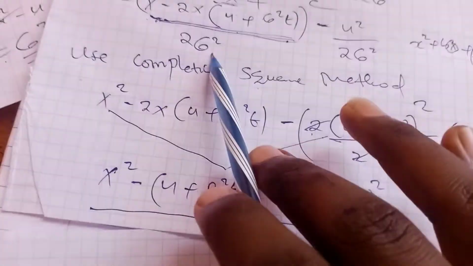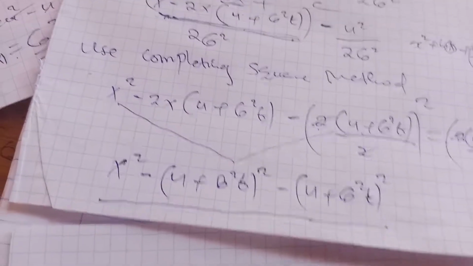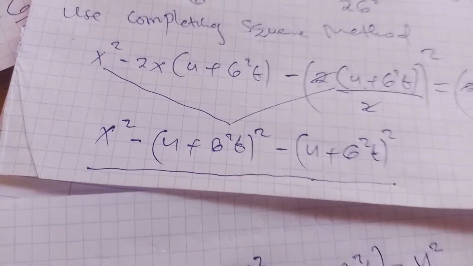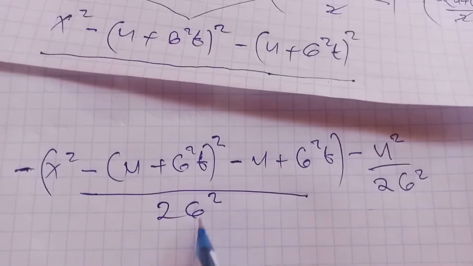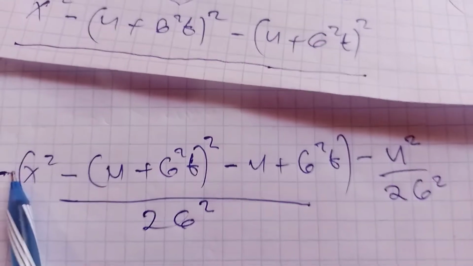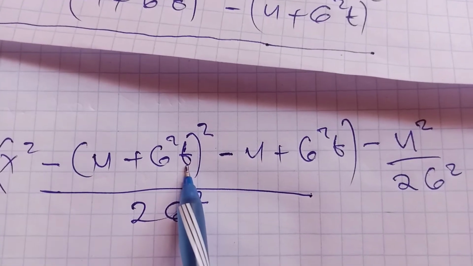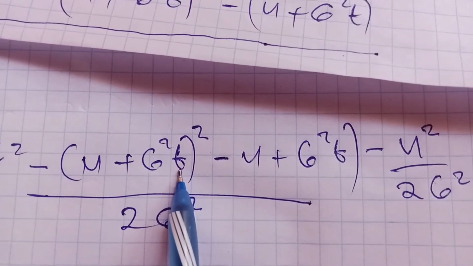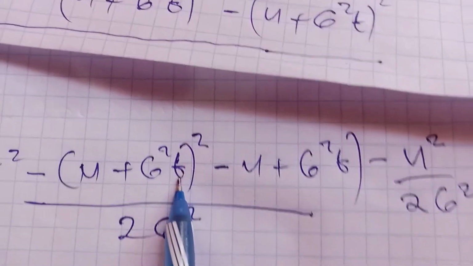And even this was divided by 2 sigma squared, and there was a negative here. So from there I'm going to work out this part with the square.